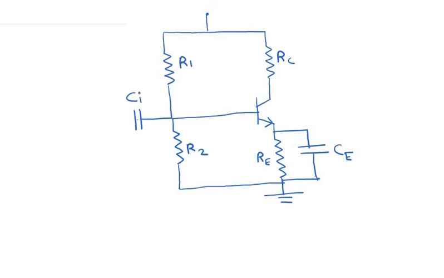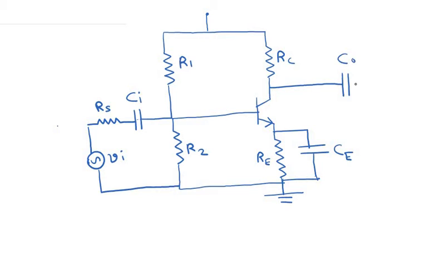Let us call it the input coupling capacitor CI, and then we have the input source resistance RS, and then we have this signal source which we call Vi, and then it is connected to the ground, and the output voltage is taken from the collector via an output coupling capacitor C0, and this output is taken across a load resistor RL.